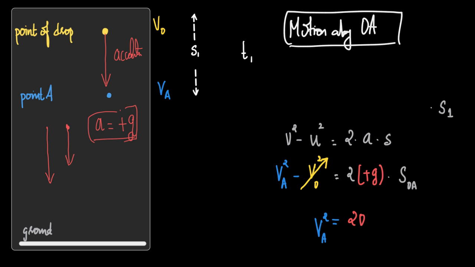And therefore V square is equal to 20 into SOA. So this relationship is something very important: V square is equal to 20 into SOA.